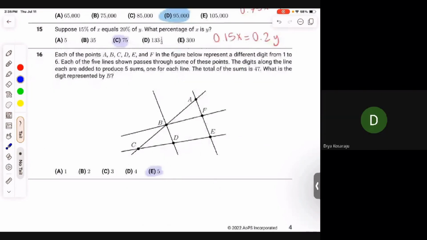Okay, so for this one, if you add all the lines, the total is 47. First, I wrote down the sum of each line.